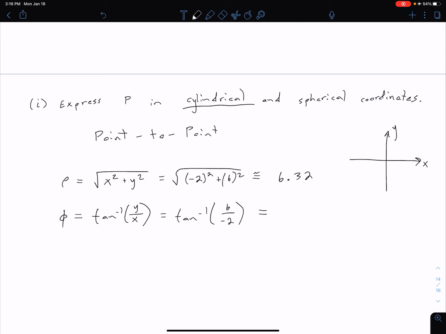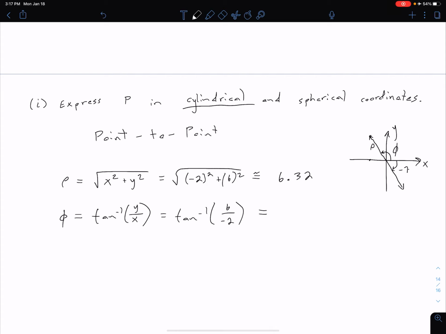In this case, we have -2 for x and 6 for y, so we're somewhere here. We would expect our rho to be positive, which is this distance here, and we would expect our angle, phi, to be something a little above 90. Of course, the -71 that I had written before isn't correct. What that's actually given us is an angle that's 180 degrees off.